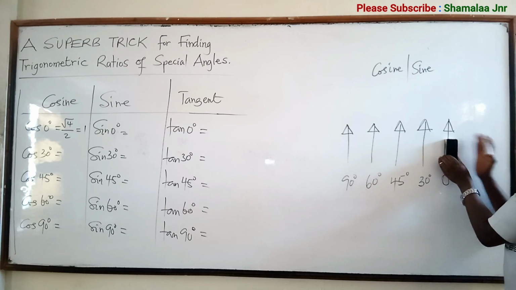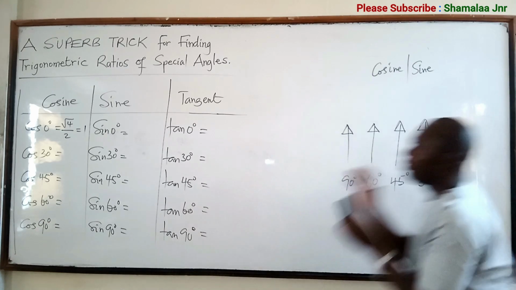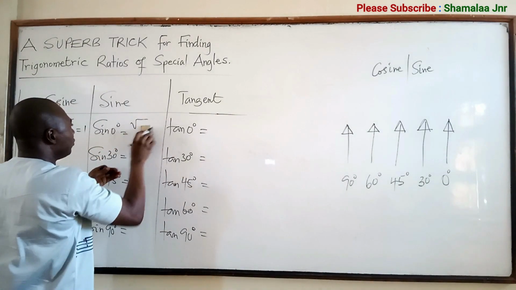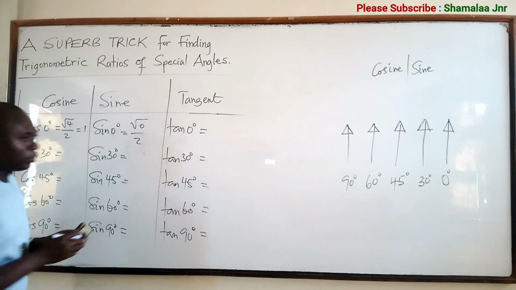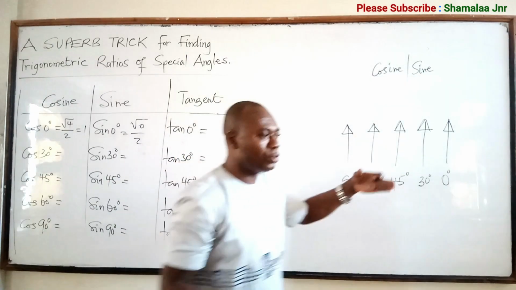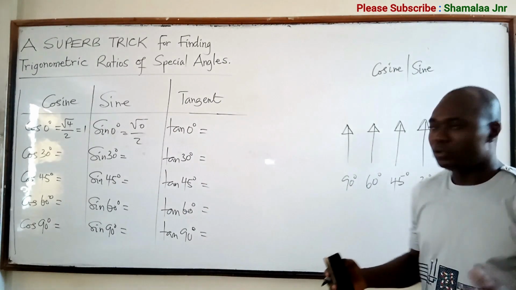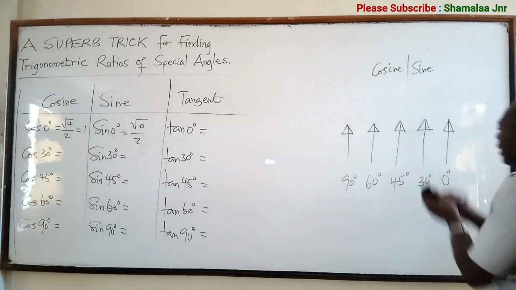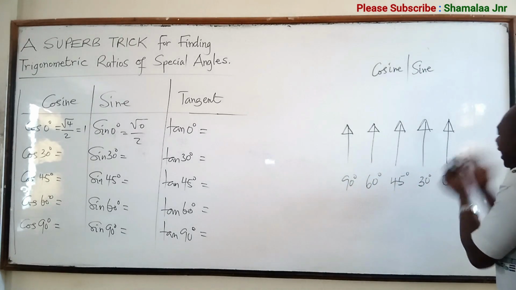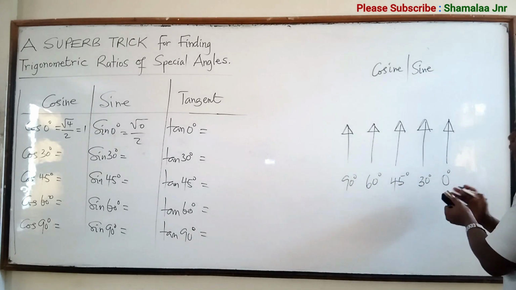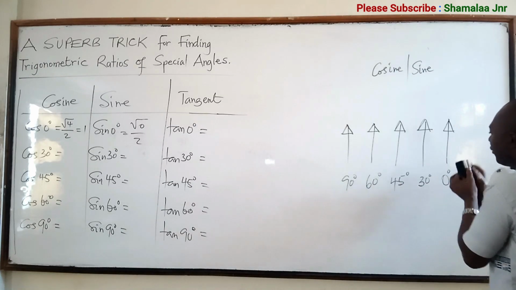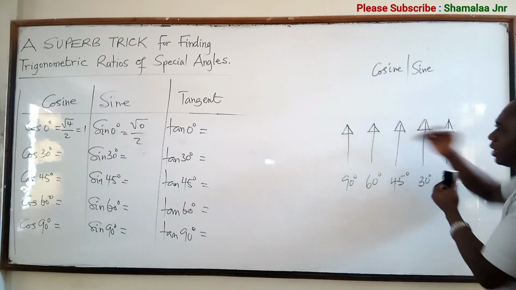Because we don't have any arrow here, it will be square root of 0 over 2. So always when you count the arrows, it is the square root of the number of arrows divided by 2. If it is sine, you look at the arrows on the right hand side of the arrow that has been covered. If it is cosine, look at the number of arrows on the left hand side of the arrow that has been covered. You take the square root of it and divide by 2.